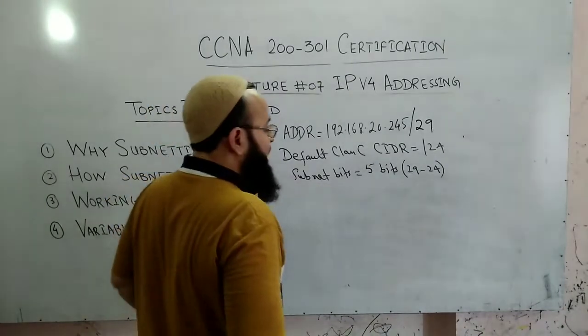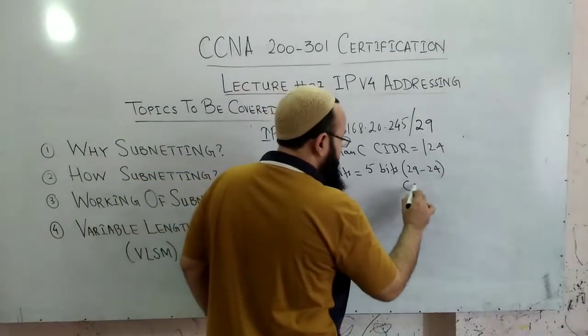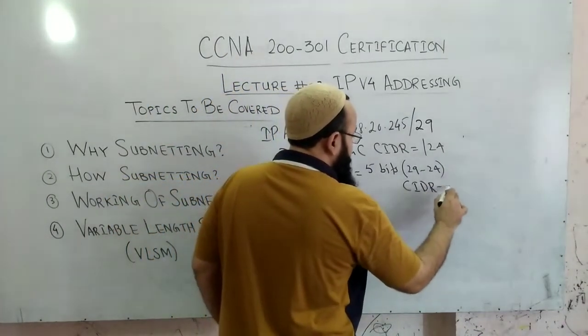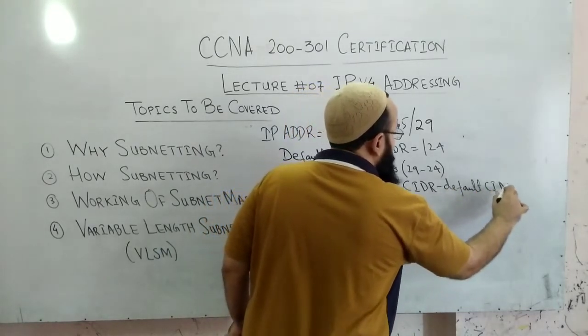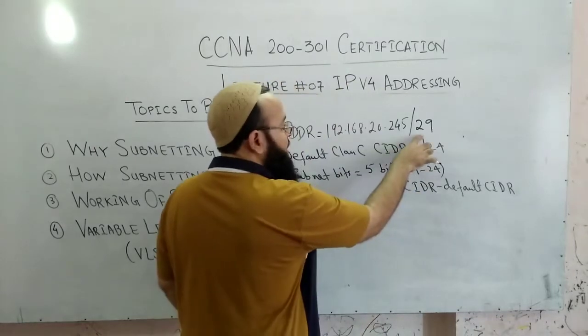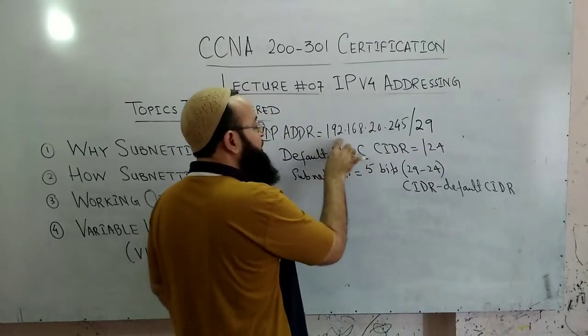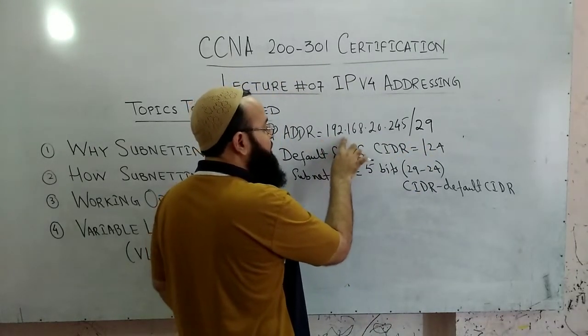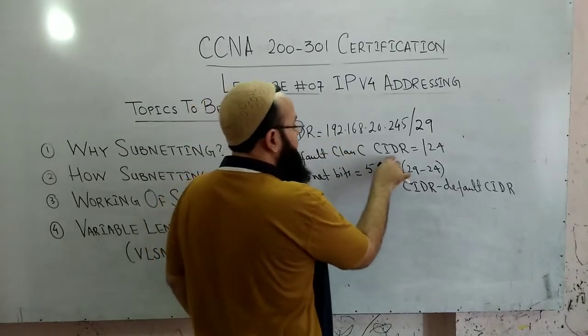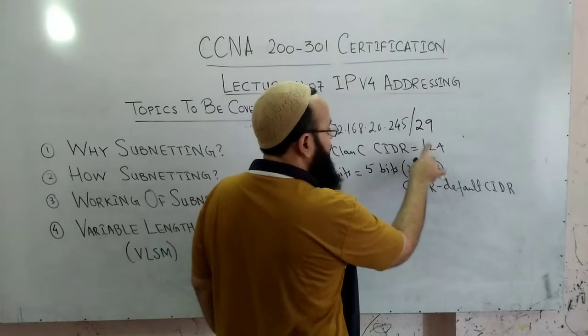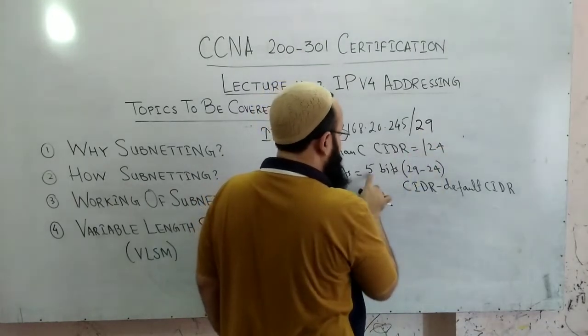The number of subnet bits can be found by subtracting the default CIDR value from the given CIDR. So the given CIDR is /29 and the default value for class C CIDR, this is a class C IP address as it is having 192 in it, is 24. 29 minus 24 is basically 5.